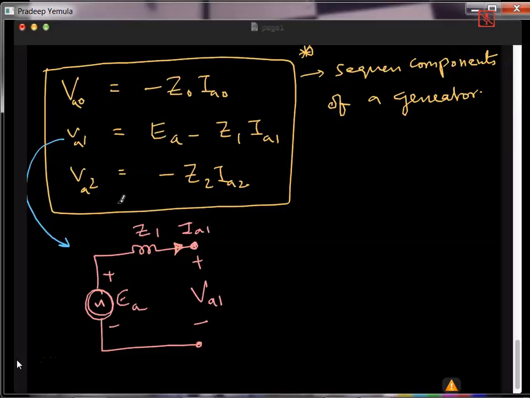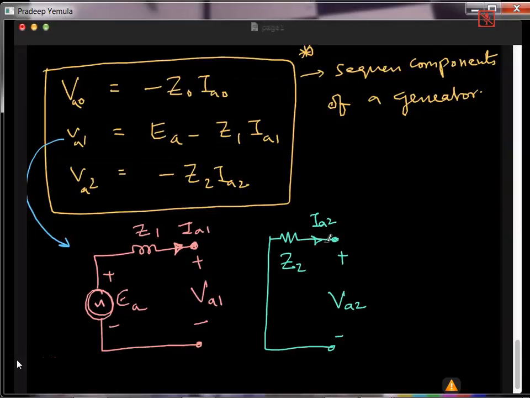Now what is the network for the VA2 equation? The network will be like this. Just one impedance is there, the impedance Z2, and the current direction is IA2. This is plus, this is minus, VA2. So VA2 is nothing but minus Z2 into IA2.